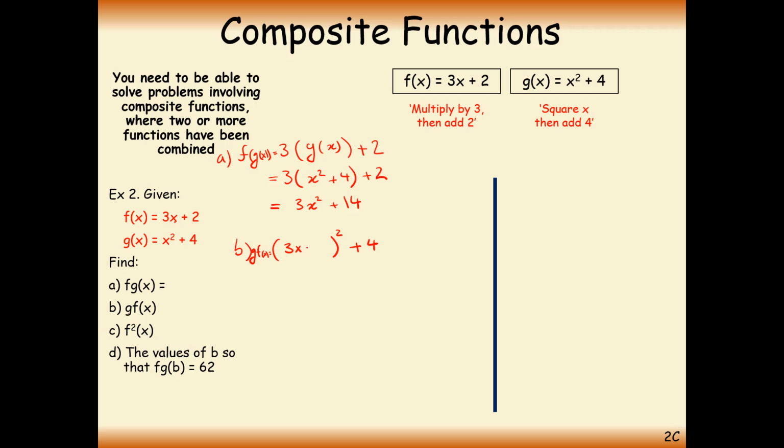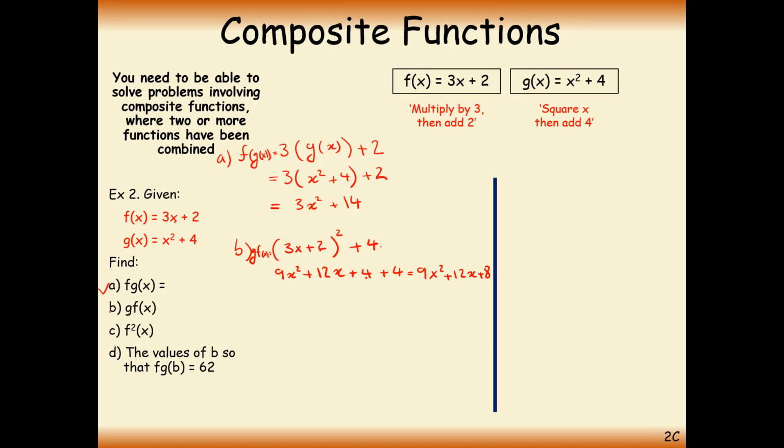That means 3x plus 2 needs to be squared before we add 4. That means that we will have 9x squared plus 12x plus 4 plus another 4. One of these 4's is from 2 squared, the other 4 is this 4 here. Therefore, we'll have 9x squared plus 12x plus 8.